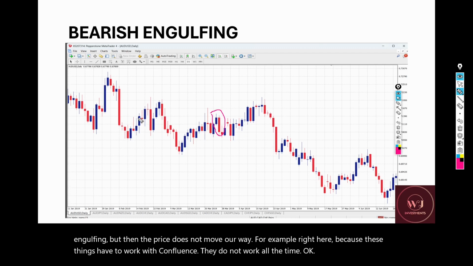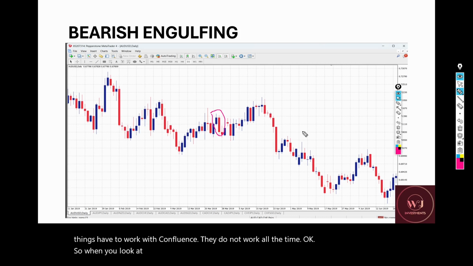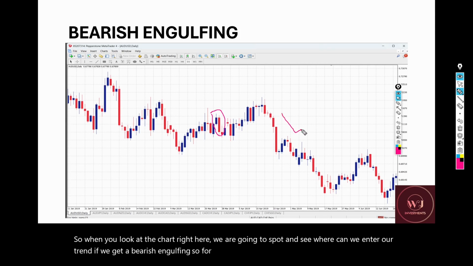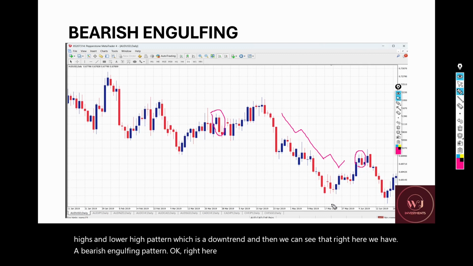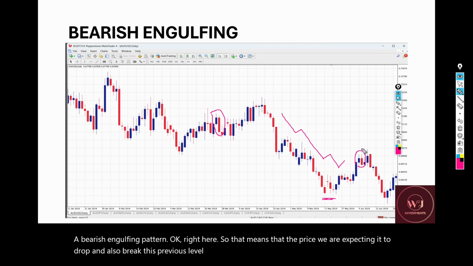So when you look at the chart right here, we are going to spot where we can enter our trade if we get a bearish engulfing. Here the market is showing a series of lower highs and lower lows, which is a downtrend, and right here we have a bearish engulfing pattern. That means we are expecting the price to drop and break this previous level of support to continue the pattern of a clear downtrend.